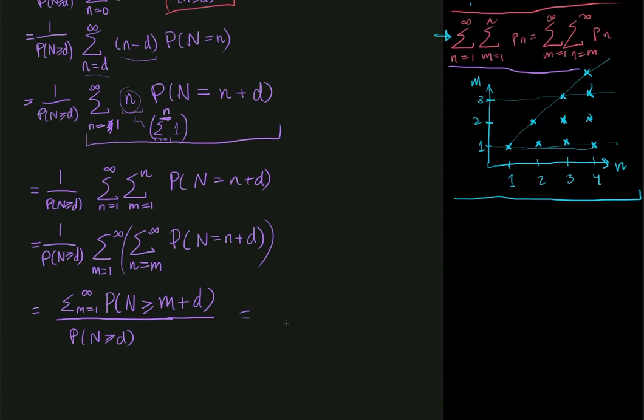Some other people might prefer to sum the probabilities of n greater than or equal to m and instead have m ranging from, well, we still need the first value to be 1 plus d, so we let m range from 1 plus d up to infinity. Both of these work because they are just two expressions for the same thing. So this is the answer, and this is the answer.